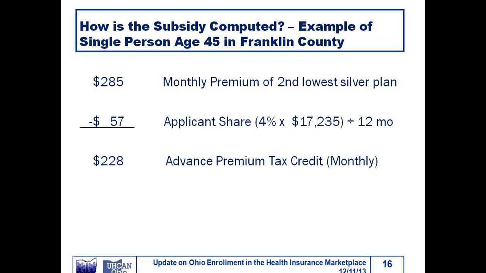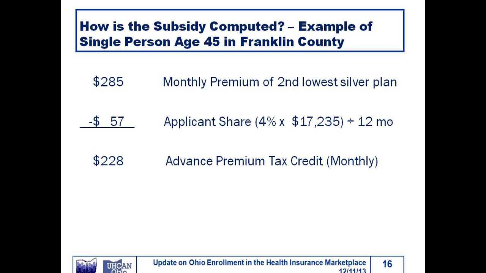However, if I decide I want a more expensive silver plan or a gold plan, I can take my advance premium tax credit and apply it to the monthly premium, but my share, instead of being $57 a month, will be larger.